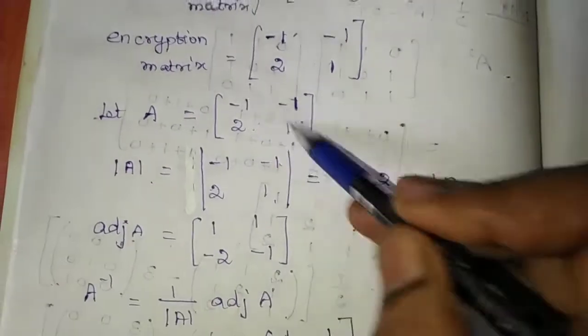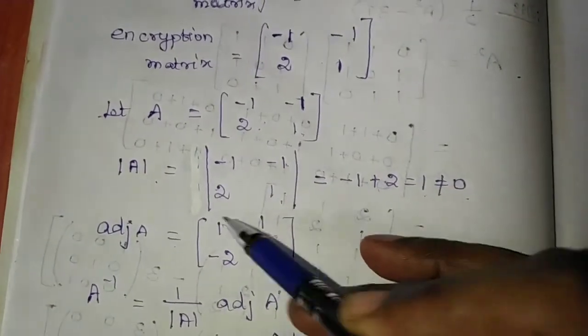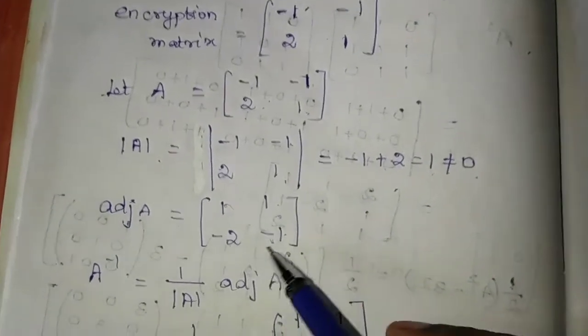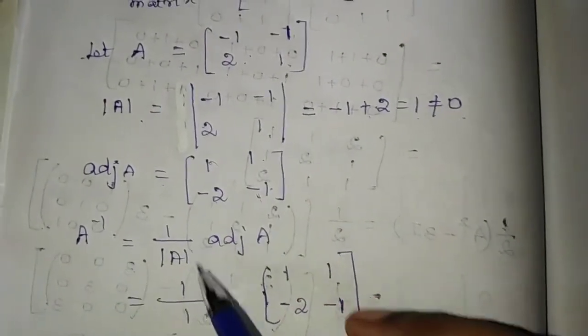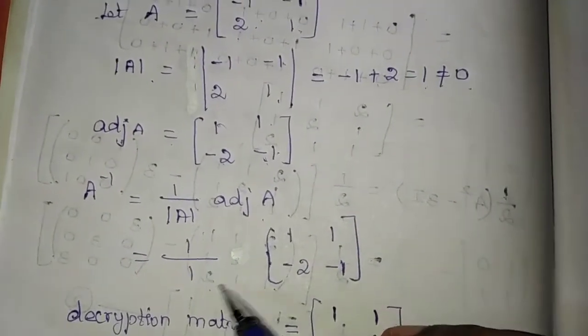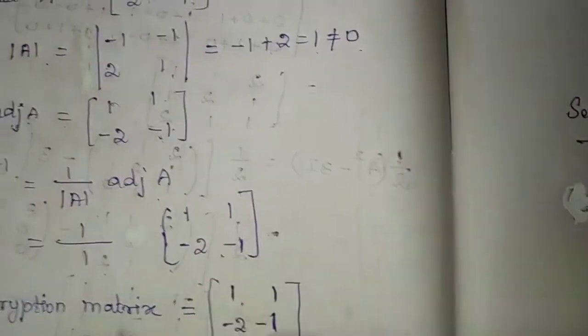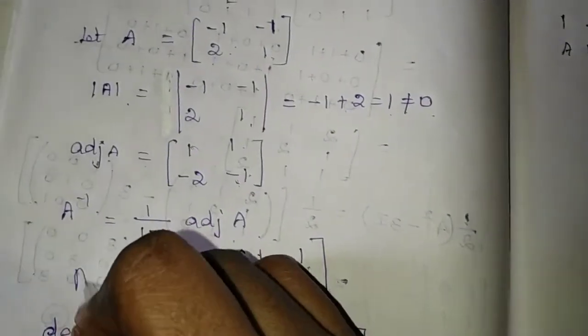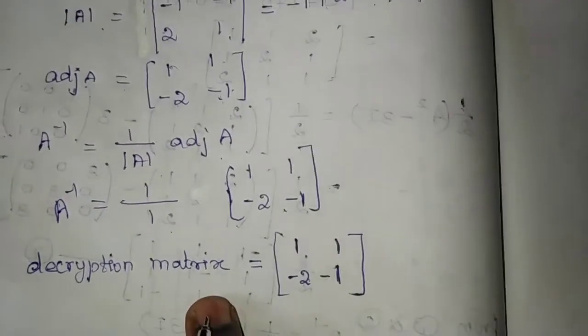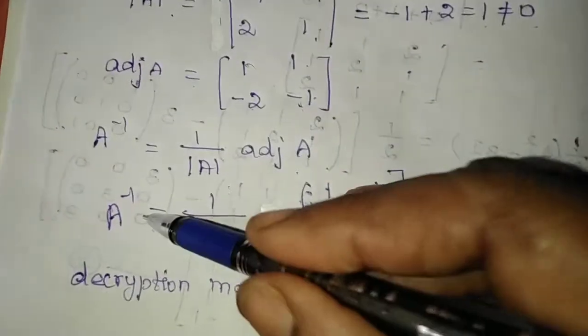Adj means change the value and change the sign. A inverse equals 1 by mod A into adj. Applying 1 by 1 and the adj value, we get A inverse. That is the decryption matrix. Encryption matrix is A and decryption matrix is A inverse.